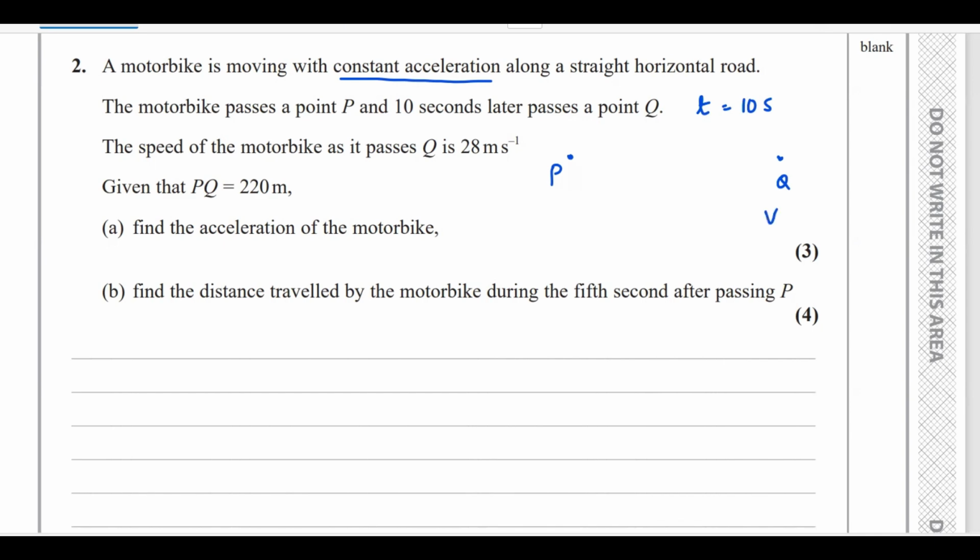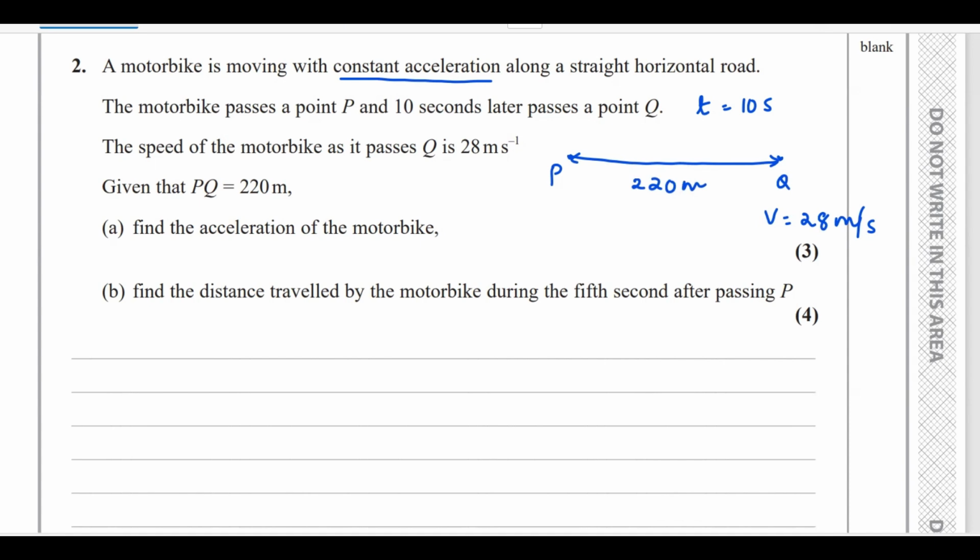So the final velocity V is given as 28 meters per second. Now given that PQ, the distance between them, is 220 meters. Find the acceleration of the motorbike.